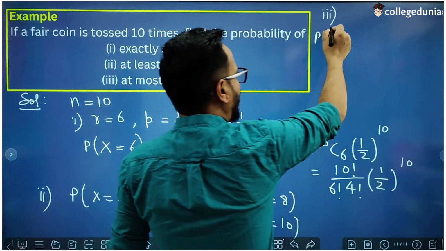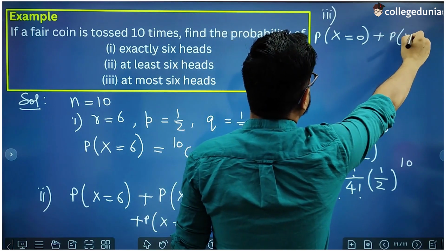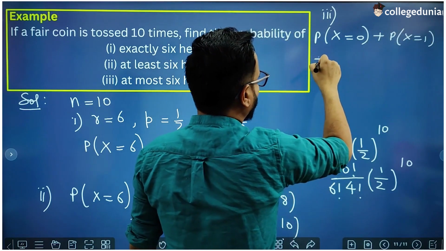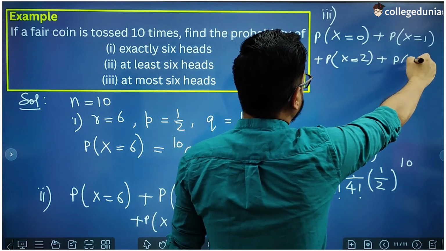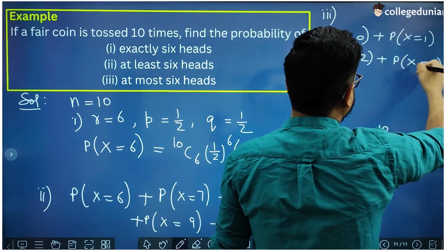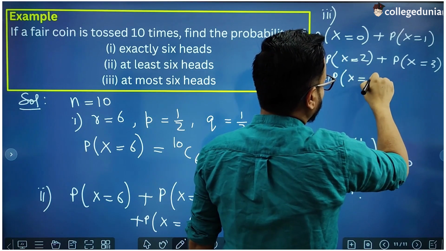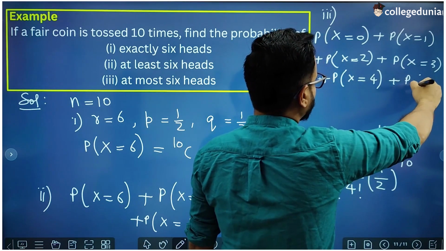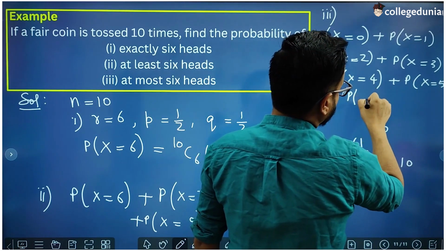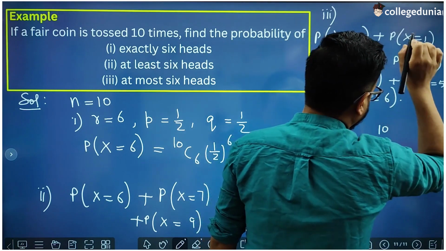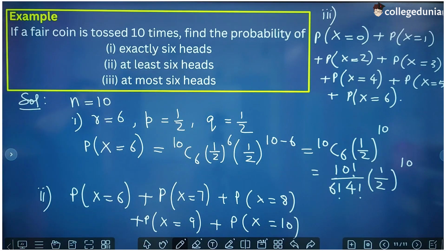So you have to add all these: P(X = 0) plus P(X = 1) plus P(X = 2) plus P(X = 3) plus P(X = 4) plus P(X = 5) plus P(X = 6), right? So using this formula you can put the values and find the total value.